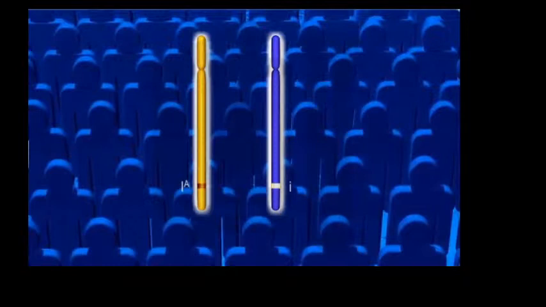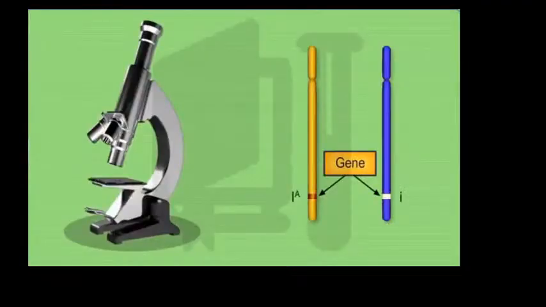Now, let us study an experiment that shows a gene may sometimes produce more than one phenotype. Pea seeds have a single gene with 2 alleles, capital B and small b, for starch synthesis.